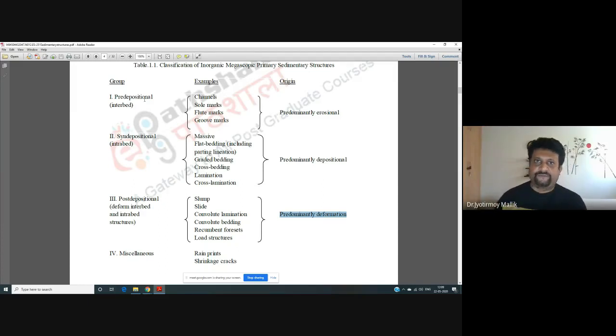going to discuss today. Now, there is another term also which is fairly confusing with this, which we call syntectonic deposition. So syn sedimentary deformation and syntectonic sedimentation. Okay?